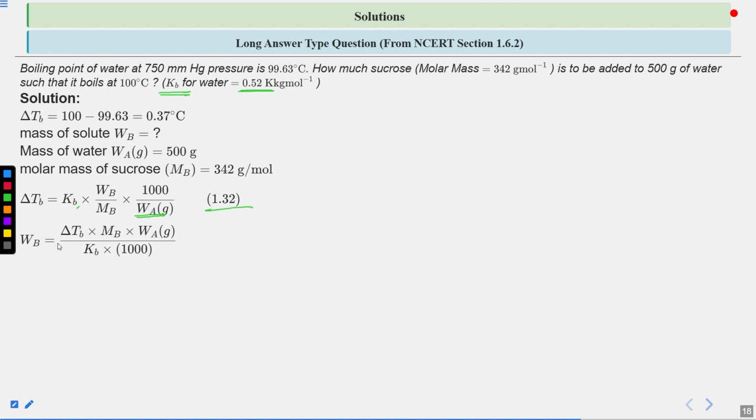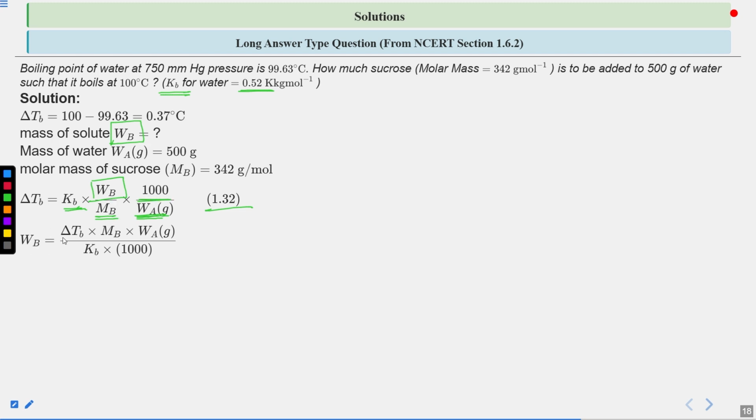So you have to find out what the unknown quantity is, that is WB. Okay, so in the formula WB is here. So we take this WB on one side and the rest of the quantities on the other side. So WB will be equal to delta TB multiplied by MB multiplied by WA divided by KB into 1000.